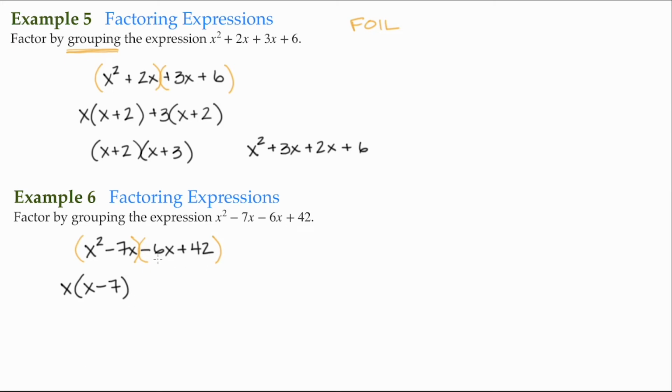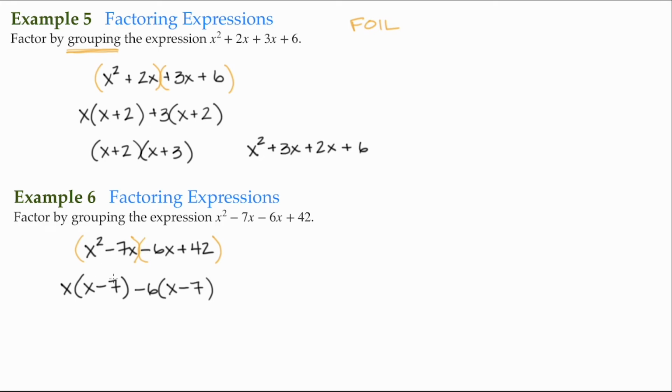And over here we can factor out a negative 6. So I'm going to factor out a negative 6. And I'm left with x minus 7. The objective here is to, when we go ahead and do the factoring here of the individual groups, we end up with common factors again. And we could check them. X times x, that's x squared.